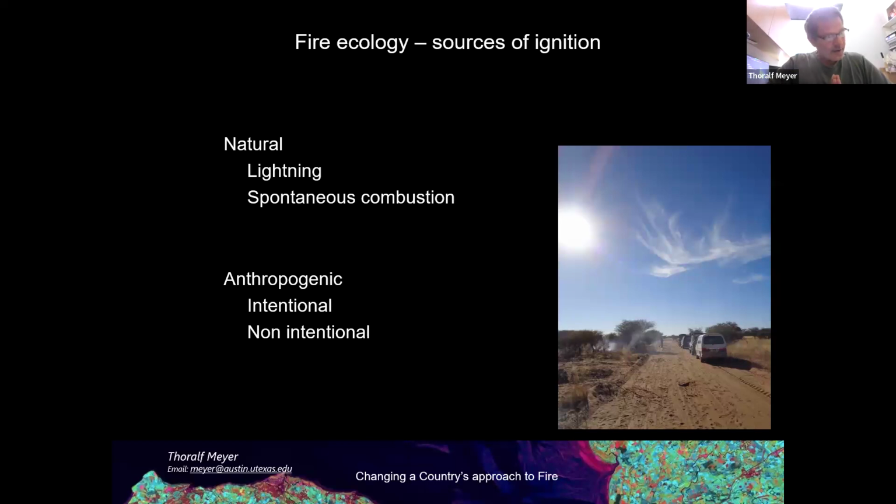And then there is the component of natural ignition that I would call spontaneous combustion. Spontaneous combustion can, for instance, happen in your compost heap, where chemical or biochemical processes create a lot of heat, and that heat might be enough to ignite a certain material.